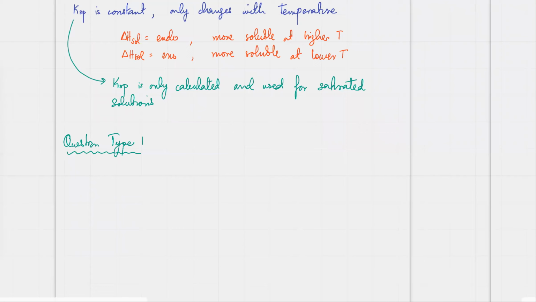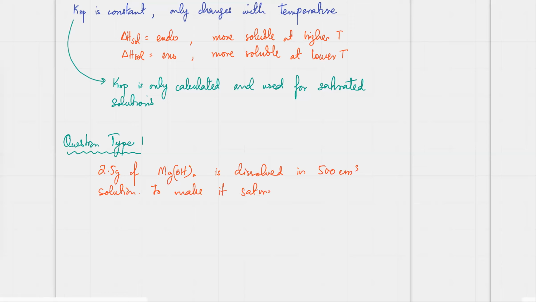For example, they might say that 2.5 grams of Mg(OH)2 is dissolved in 500 cm cube solution, and the solution becomes saturated.